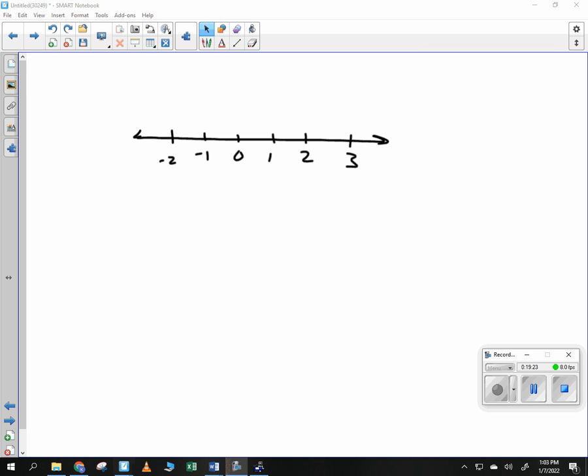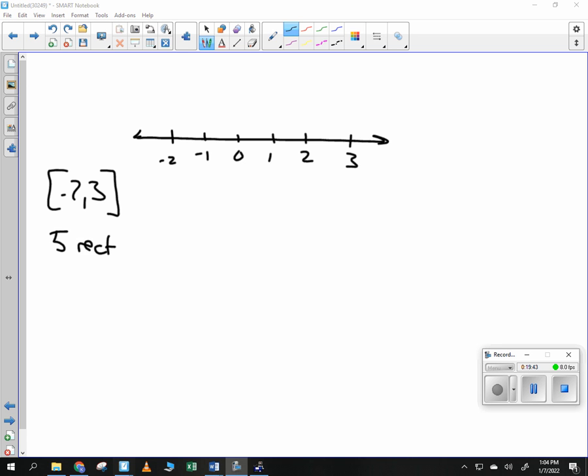Folks, if I can have you turn your eyes to the board, let's forget about what the function looks like, and let's just look at this representation of an interval. Suppose that we're finding area of a function from -2 to 3, okay? And suppose we want to do 1, 2, 3, 4, 5 rectangles. 5 rectangles. Everybody agree that the width is going to be 1?